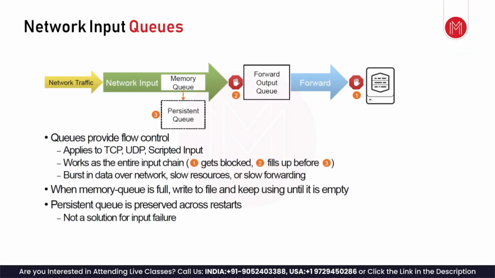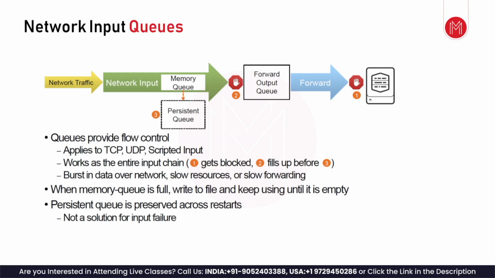And these are the network input queues. You are seeing memory queue here, persistent queue, and forward output queue. You have different queues here. The data usually comes from the forwarder, and from the forwarder, how the data will flow: the data will come into different parsing queues, and from the parsing queues it goes into indexing queues, and then it comes to Splunk. Here, if you see, queues provide flow control.